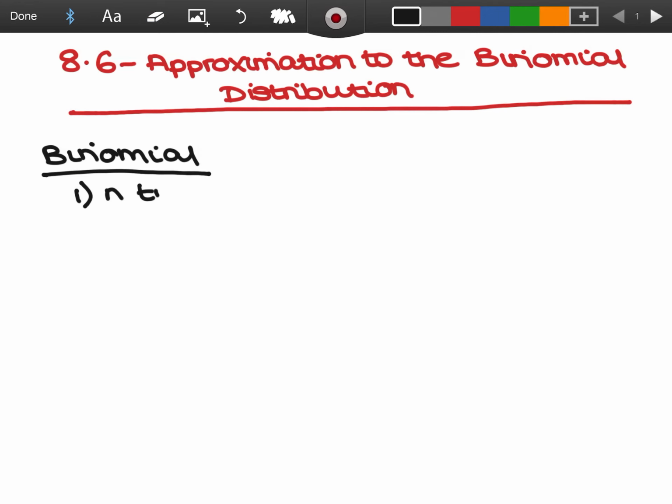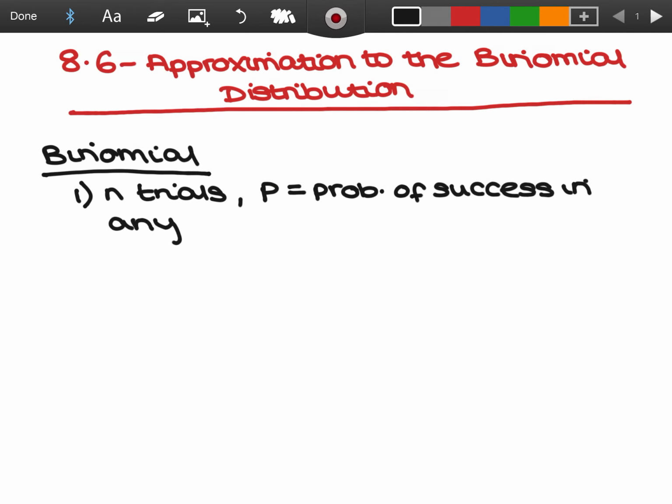So we have n trials, and the probability of success in any one of those trials was given by the probability p. So p is the probability of success in any trial. So let's say you had 10 trials, and then for each trial the probability of success in any one of those trials was given by p.